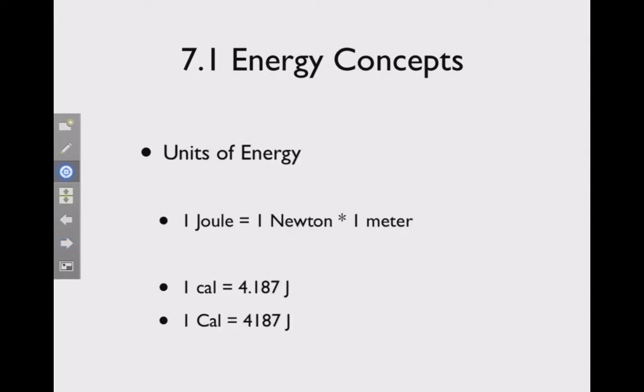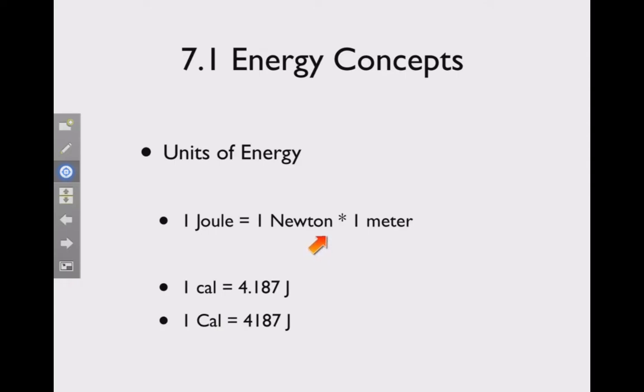We've seen this before, that a unit of energy is a joule, and that a joule is equal to 1 Newton times 1 meter. We'll see that this makes sense when we look at the definition of work in a minute.